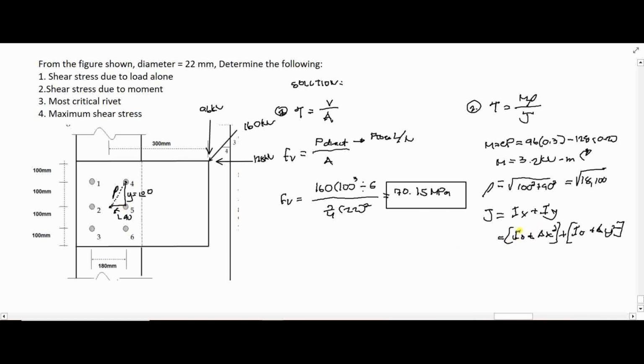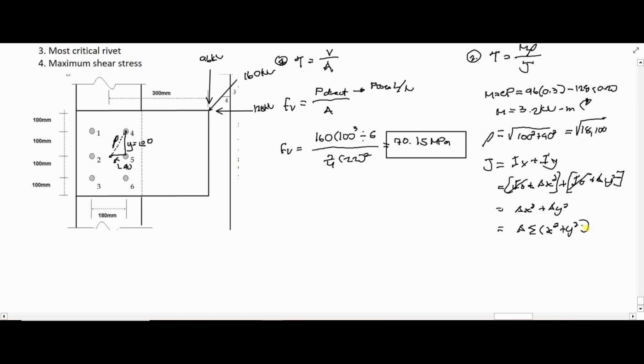Since this is a transfer formula, the I sub o will be negligible due to its small value. So what we have left is Ax squared plus Ay squared. Since there are numerous bolts that we will transfer, that will be the area of each bolt times the summation of x squared plus y squared. So this will be our J.